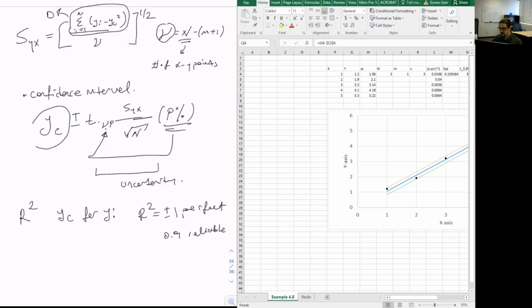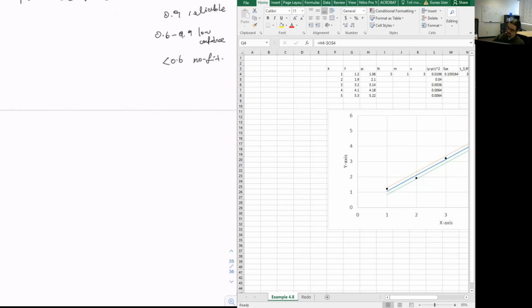If it's between 0.6 and 0.9, you have a low confidence fit. And if it's less than 0.6, that means very low confidence or no fit, not a good fit. You can check the notes that I'm going to post on how to calculate R-square, because you really don't calculate it in any of the techniques that we are going to use in either MATLAB or Excel.